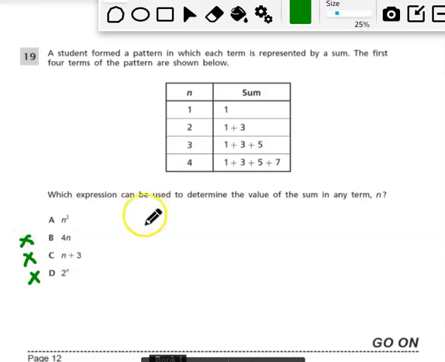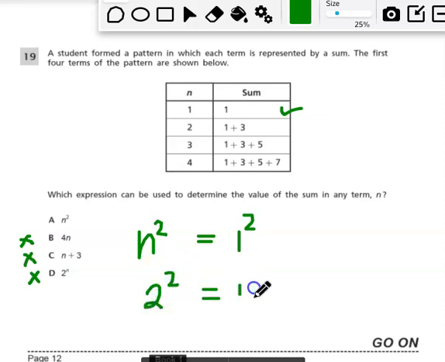Let's see if it's really correct. Here our A is n to the power of 2. That becomes 1 to the power of 2, which is correct. The total here is 4, right? So if n is 2, 2 to the power of 2, is it 4? Yeah, it's 4.